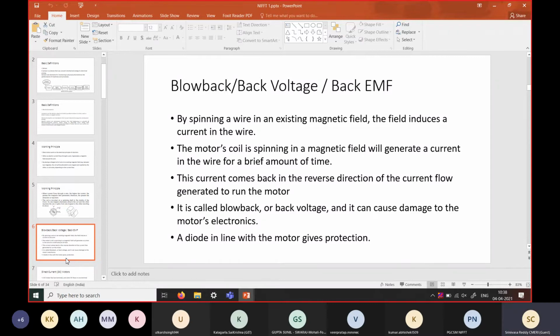In a motor, we give electrical energy and get mechanical energy as output.